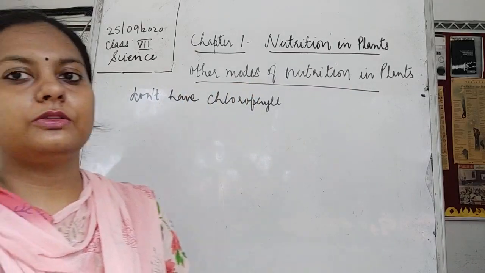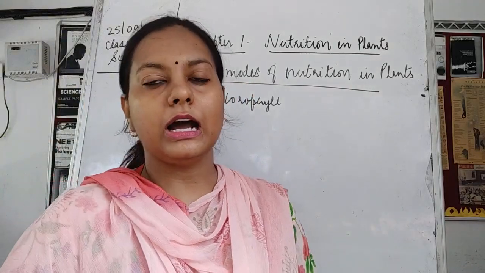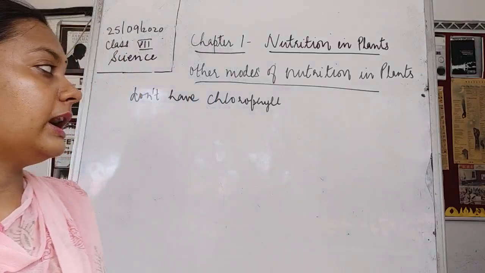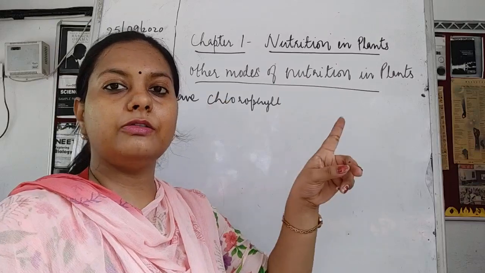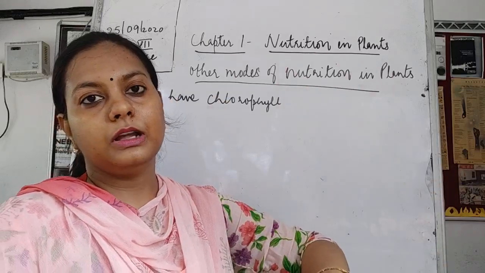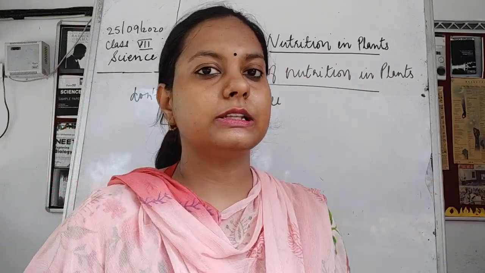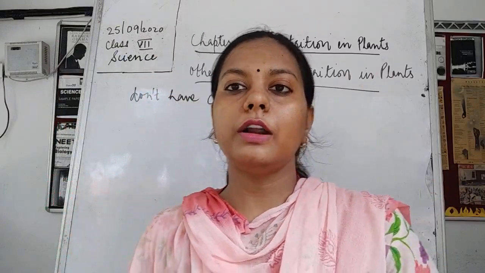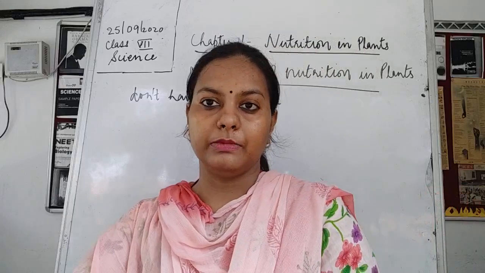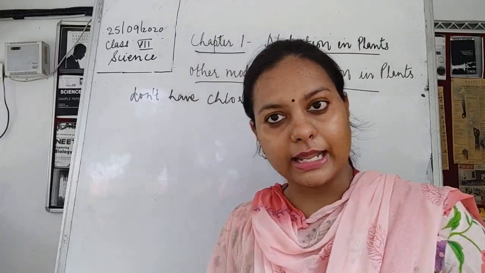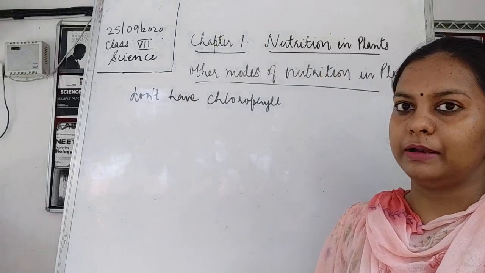So then how are the plants going to gain nutrition? If they are present in nature, they require nutrition, and they have to gain their nutrition from some source. Either they could synthesize the nutrition on their own, or they need to take up nutrition from other animals or other organisms. We are talking about plants, so we cannot include animals over here.